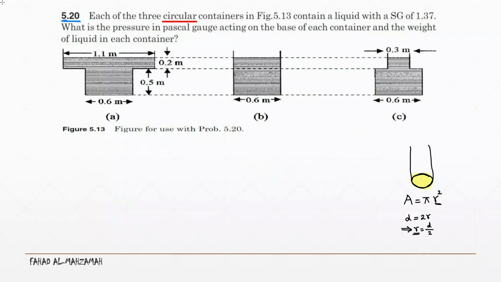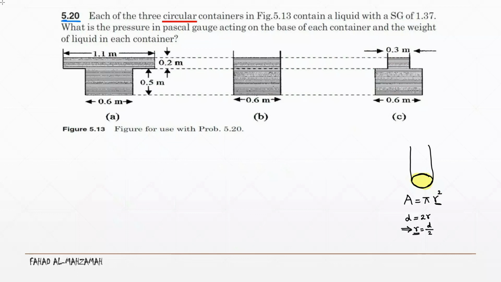So to continue the question, let's read. So he said contain a liquid with an SG or a specific gravity of 1.37, similar to the previous example. So from this specific gravity, you need to find the density. And he said, what is the pressure in Pascal gauge?